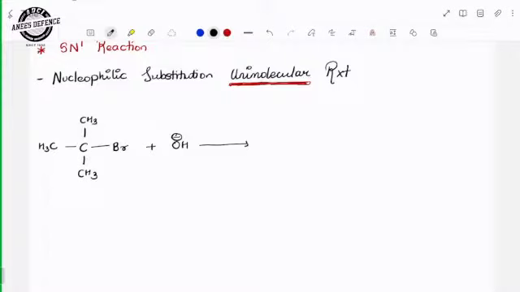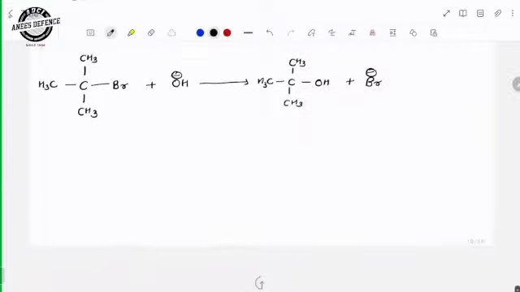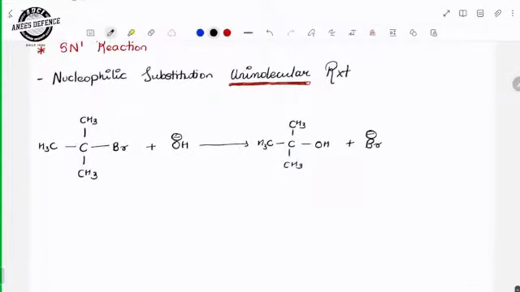So the nucleophile over here is OH minus. And our byproduct will be Br minus. Okay. Now let us see the mechanism. What is the nature of this carbon atom? It is primary, secondary, or tertiary?